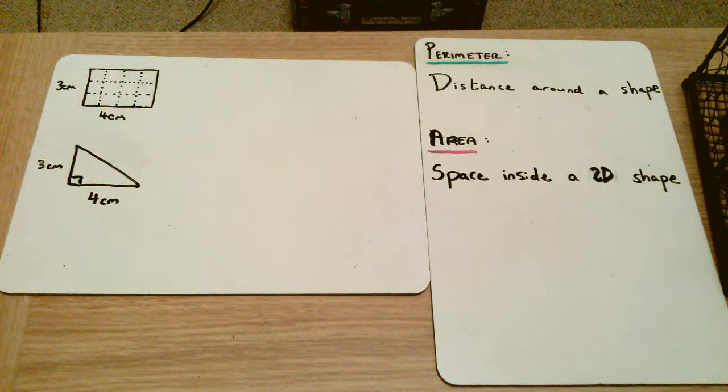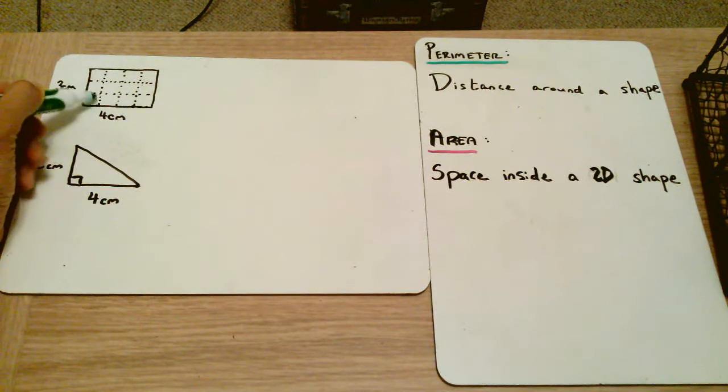On the left-hand side is the rectangle we first started with in the very first example, which was 3 centimeters by 4 centimeters. We said that the space inside was the number of these centimeter squares.